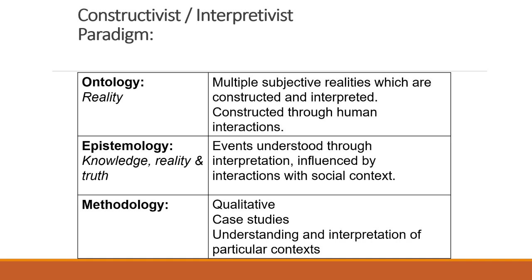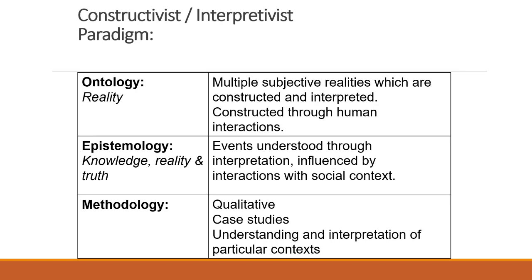And then we've got constructivist or interpretivist paradigm. And here, the ways in which one would look at reality, would look at ontology, is that we understand that there's multiple subjective realities which are constructed and interpreted. So as I encounter you, you encounter me, I learn from you, you learn from me, events happen in the world.